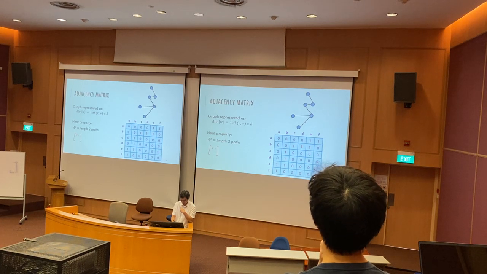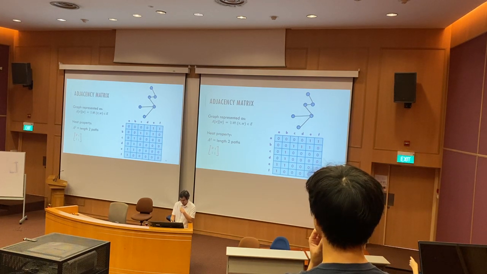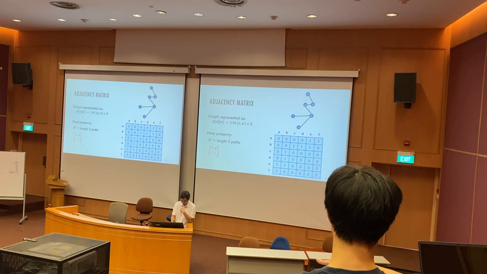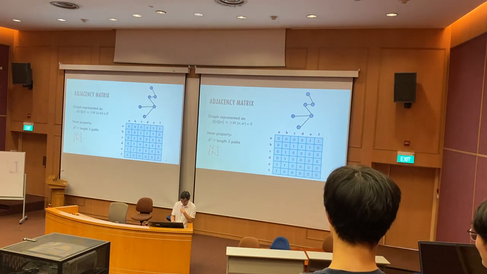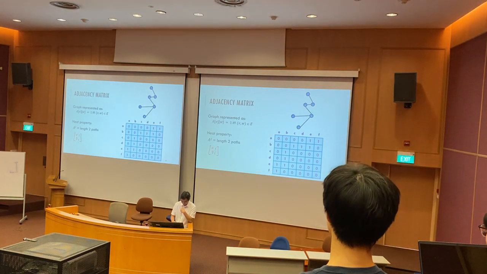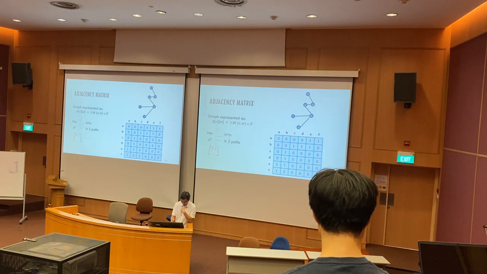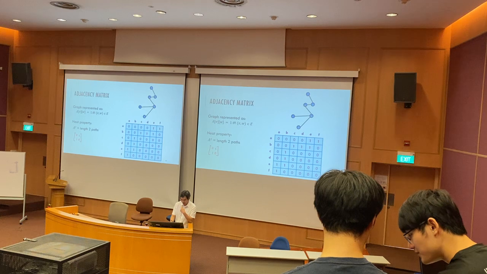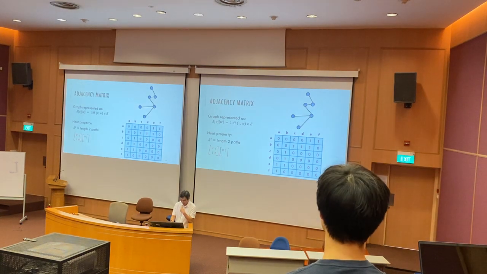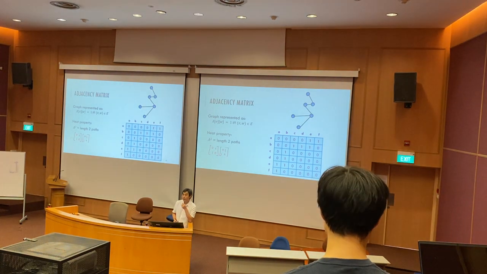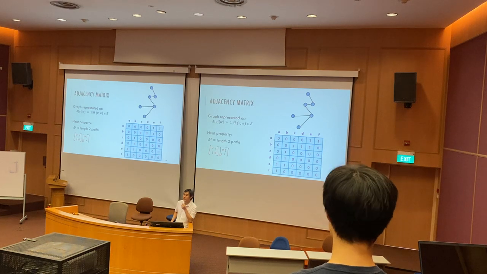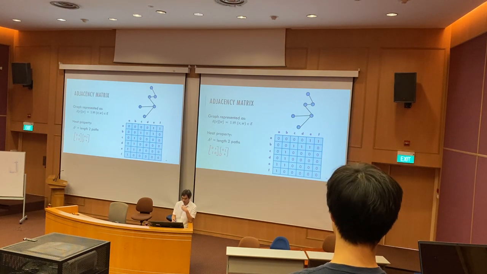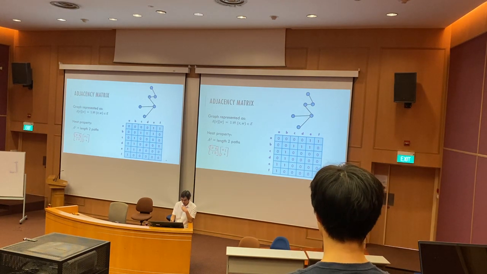Let's just say, no sub edges, sorry. Let's say, and then you multiply it together. So what do you do when you multiply matrices together? Take the row, multiply, right?